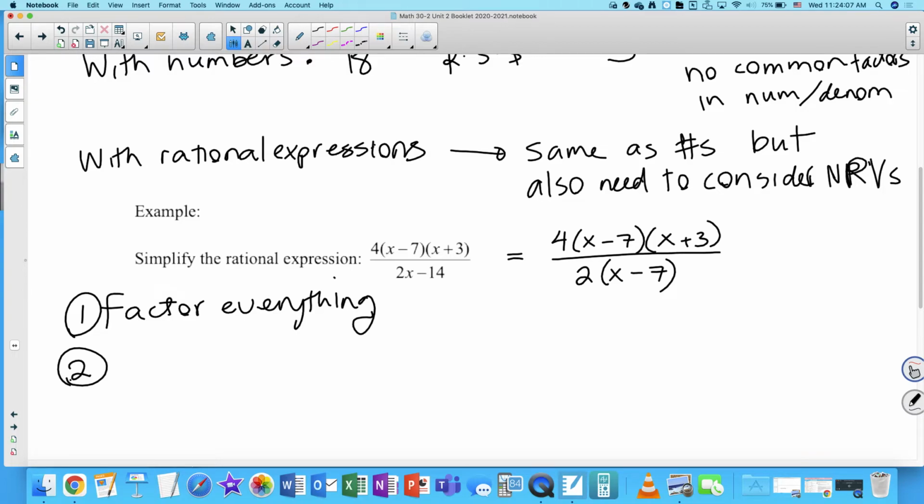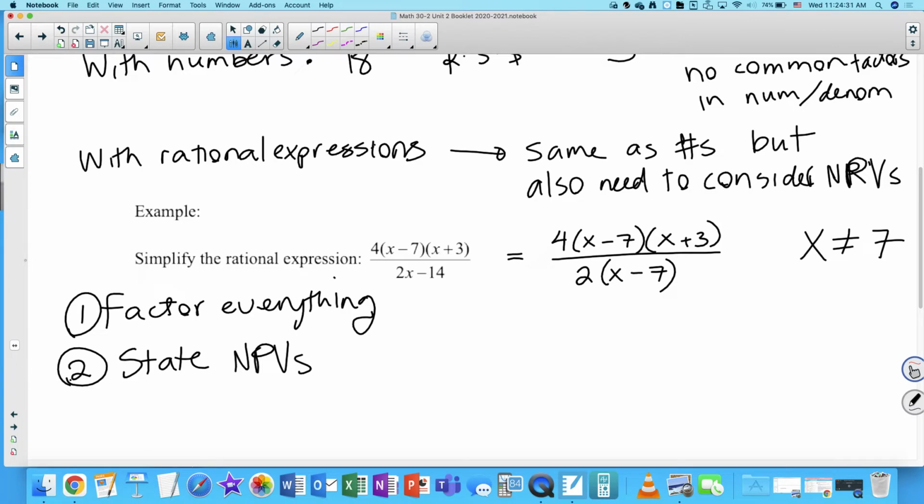And it actually was. The only way that our simplified expression is going to be equivalent to this one is if it has the same non-permissibles. So step 2, state NPVs. Okay? So in this case, I'm just going to write on there x cannot equal 7 because I'm only focusing in on the denominator.